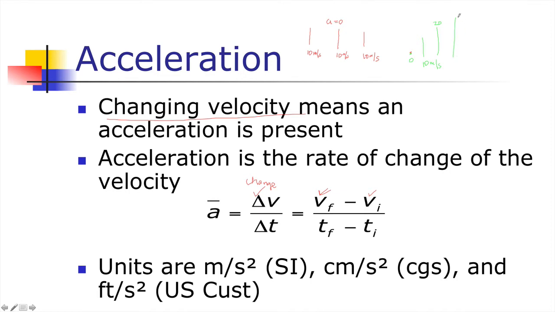I'm just putting them proportional to the size or the magnitude of what you have. You see? In this particular case, you can see that the velocity is increasing. That means there is a change in velocity. Then acceleration is not 0.